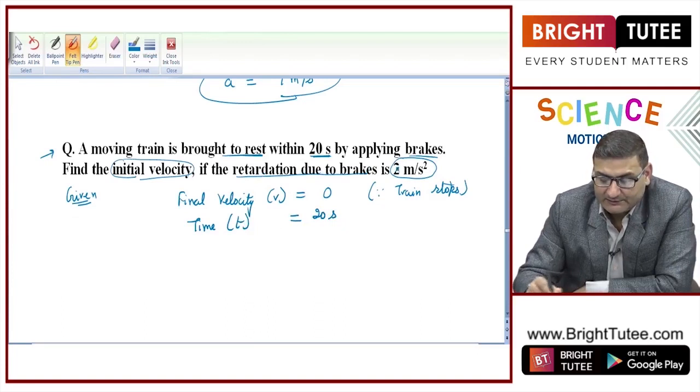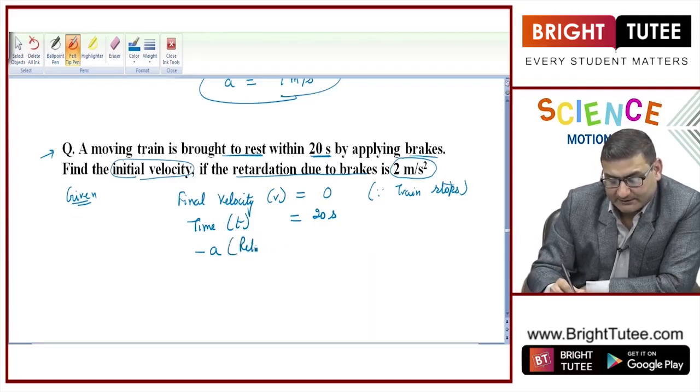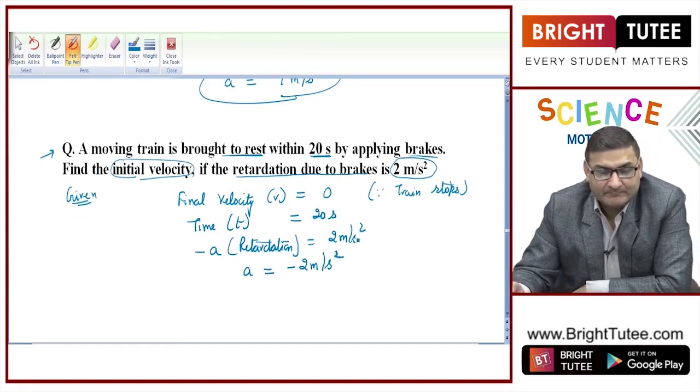The retardation due to brakes: retardation is negative acceleration, right. Retardation is given to be 2 meters per second square, and if it is negative acceleration, I can write a is minus 2 meters per second square.